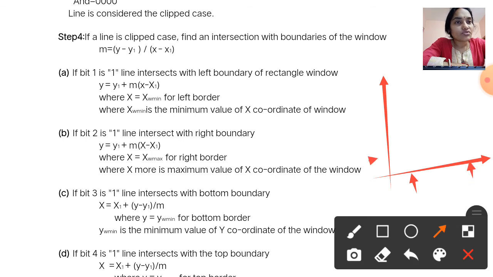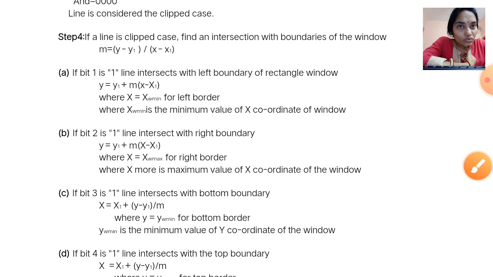This point is y min, this point is y max. In this way we find the 9 regions. If bit 2 is set to 1, then it is your right boundary. Then y equals y1 plus m into x minus x1, where x is your x max value for the right border.